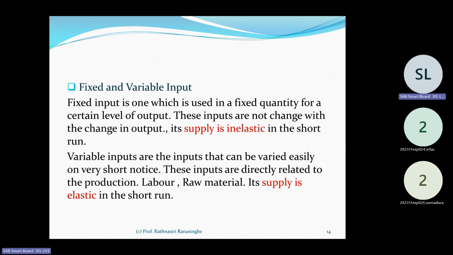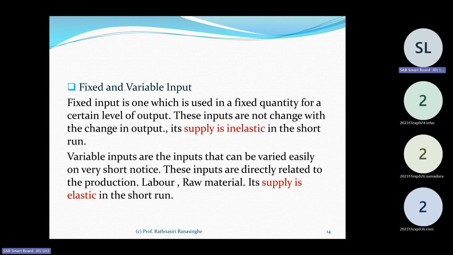In the short run production process, we identify both variable and fixed factors, right? Because we are trying to increase the output in the short run by changing the variable input, keeping those fixed factors constant. Those fixed factors determine the capacity of the business, right? The number of machines available. Suppose now we are running with 2 machines. That is fixed. We cannot change instantly.